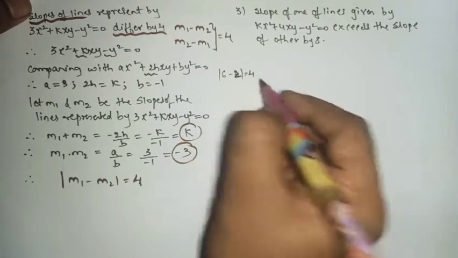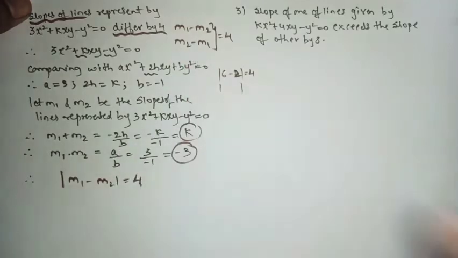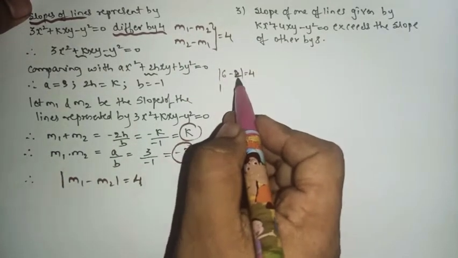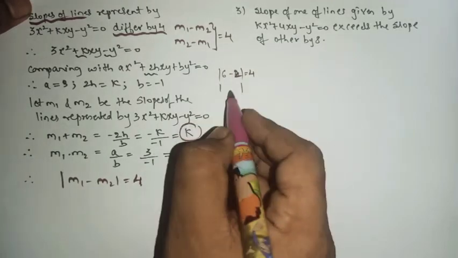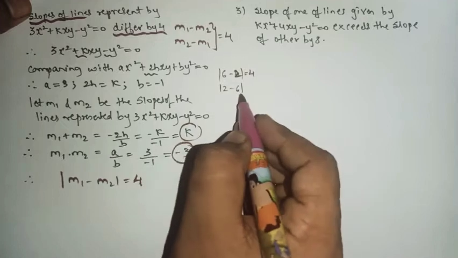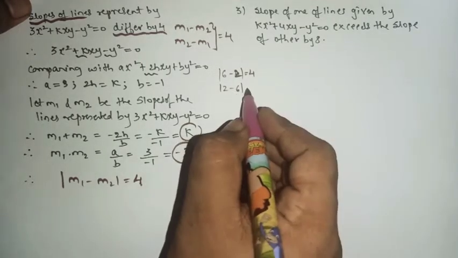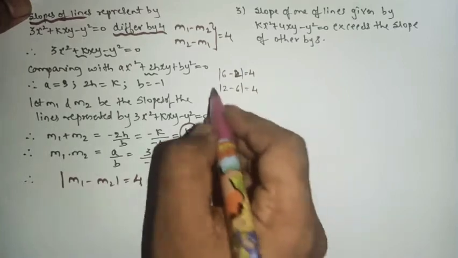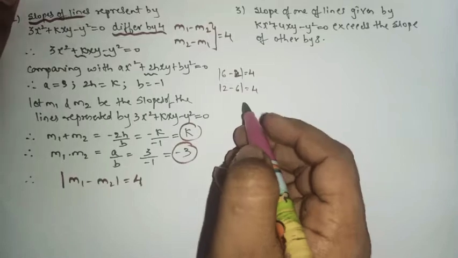So the answer will be 4. If you use the formula m2 - m1, in the first case we took m1 as 6, m2 as 2. Now we'll interchange, so we write 2 - 6. So 2 - 6 is -4. Still the answer will be positive as it is a mod, so the magnitude will be 4 only.